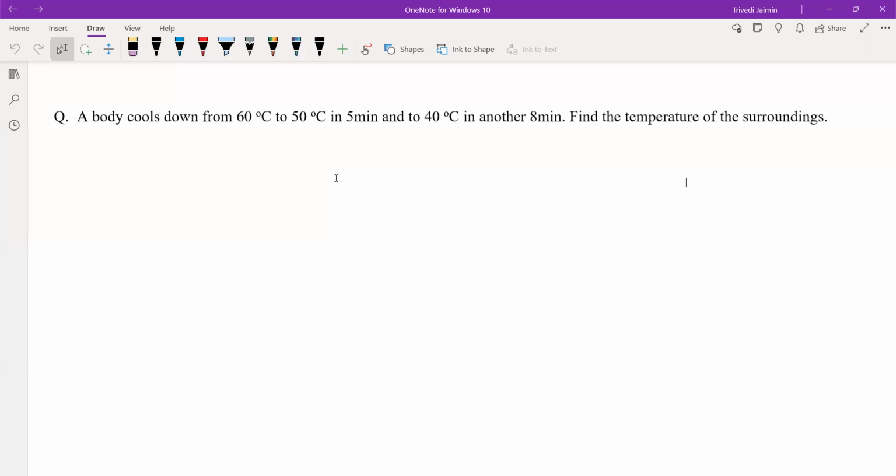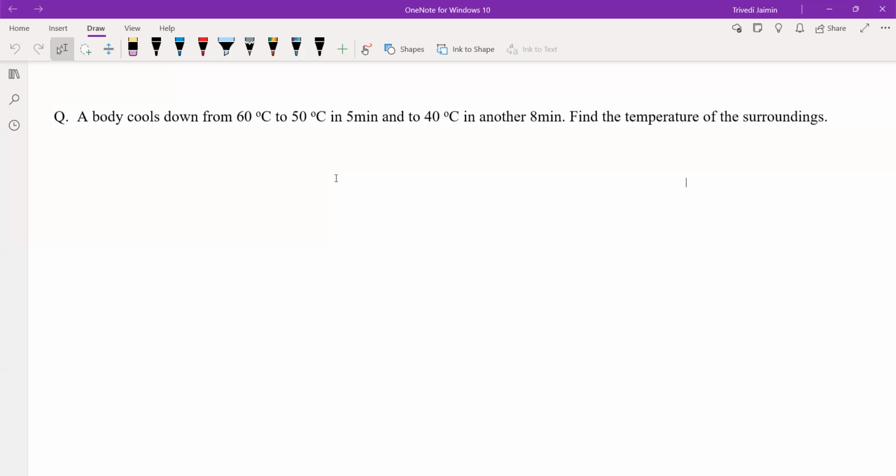Yes. What do you say? So I got like this: 2 by 5 by 4 is equal to 60 plus x by 2, 50 plus x by 2. Okay, equate it and find the theta naught.